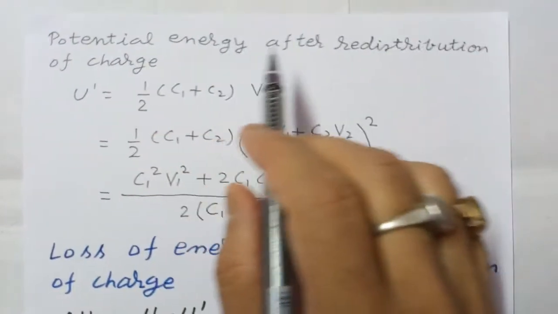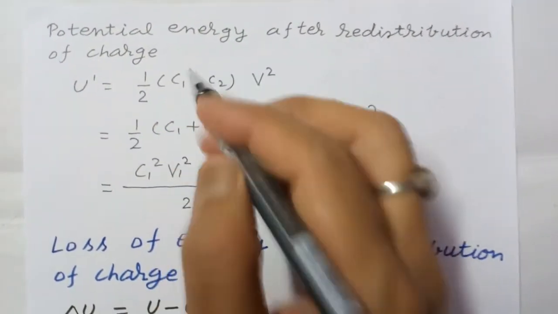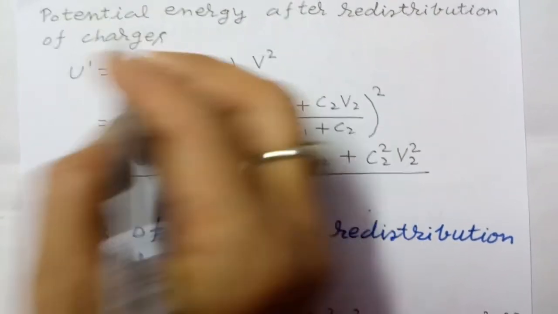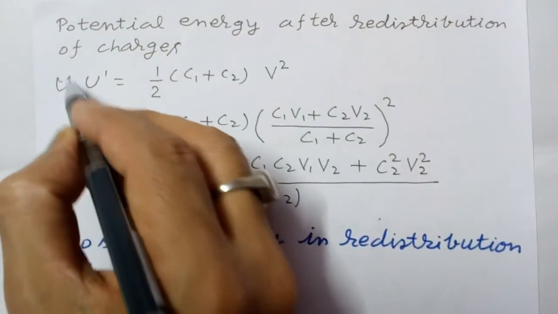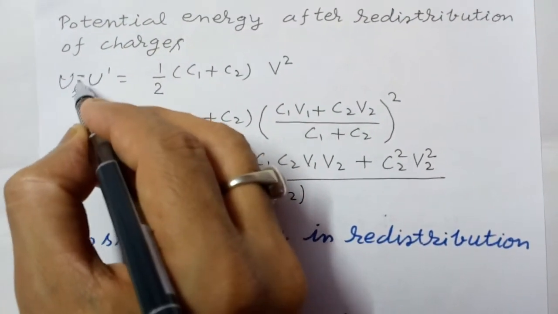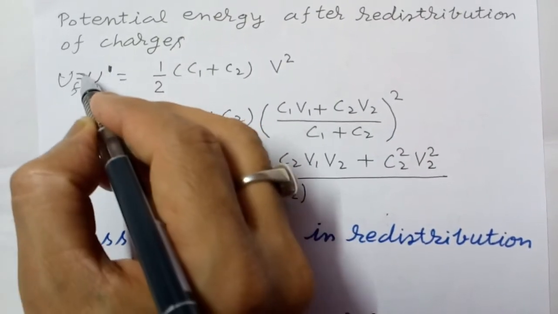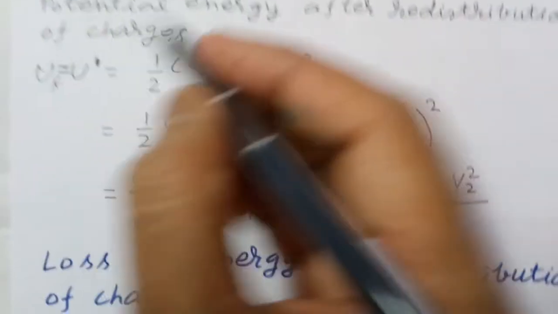Now the potential energy after redistribution of charges. We may write it U final or U dash, anything you may write.